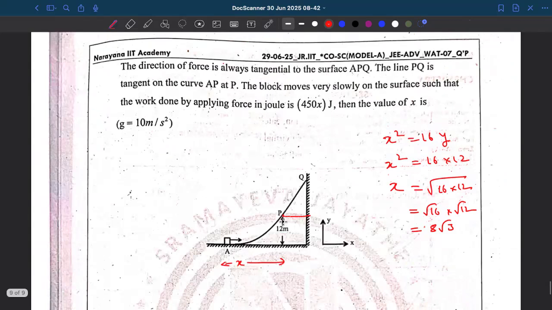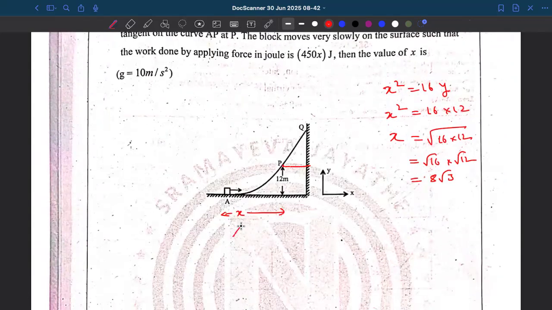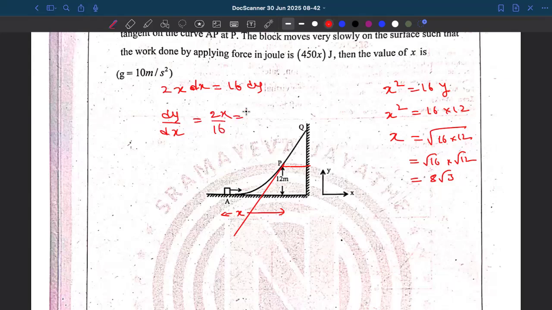నువ్వు ఇంకో పాయింట్ కూడా చెప్పావు, ఇది స్లోప్ అని కూడా చెప్పావు. ఇప్పుడు 2x dx = 16 dy. dy by dx is equal to 2x by 16.